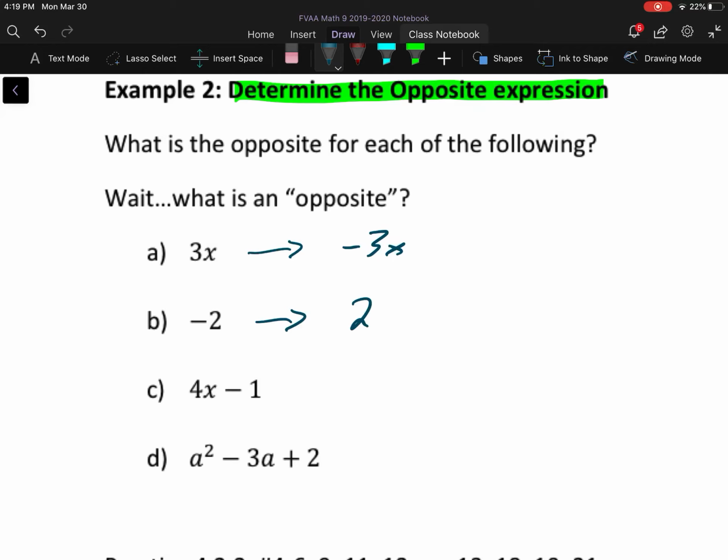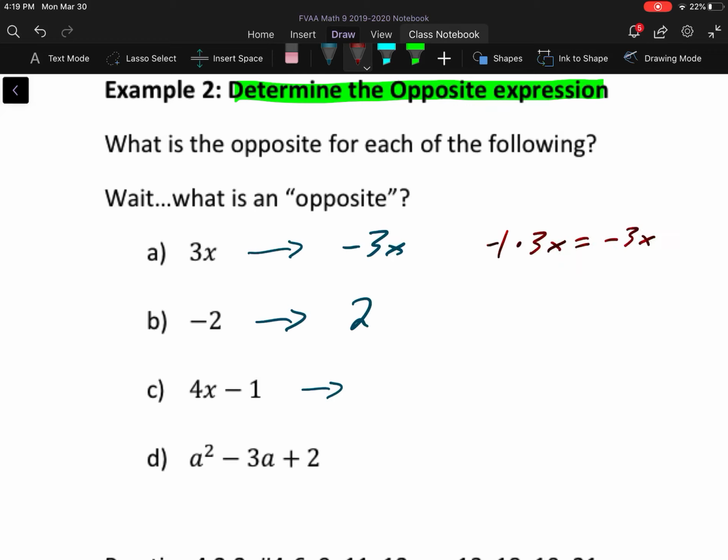The negative of 4x minus 1. So here, in these ones, what I essentially did was multiply negative 1 to my number to solve for my opposite term. So here, I did negative 1 times 3x is equal to negative 3x, right?